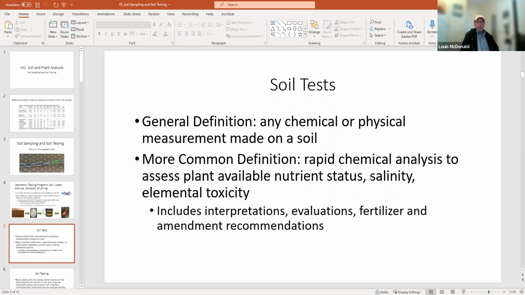Historically, it hasn't been something they have weighed in on, but as the urban gardening movement has grown, those urban garden soils are typically contaminated with metals of concern. And so they get asked to weigh in. They're, for the most part, poorly suited to make those determinations. We can talk about why that is later in the semester, or you can ask me during class and we can talk about it.